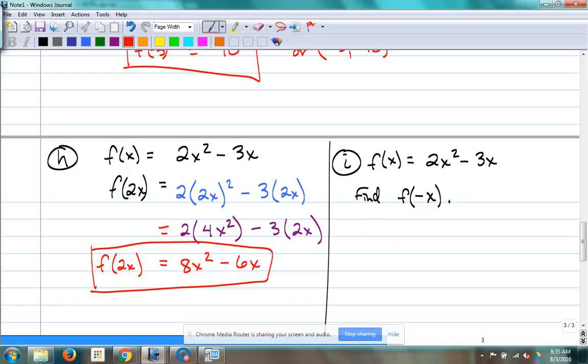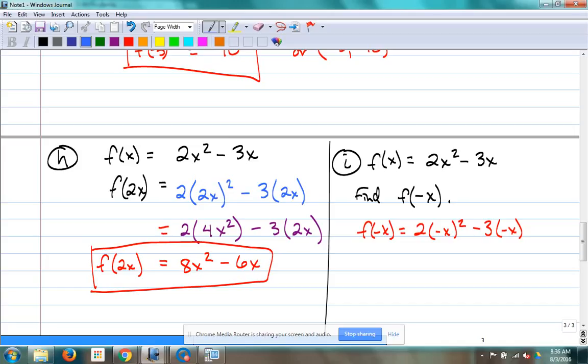So when I do that, plug it in. And what happens when you square negative x? It becomes positive x squared. It can't turn into just a 1 because it's an x.